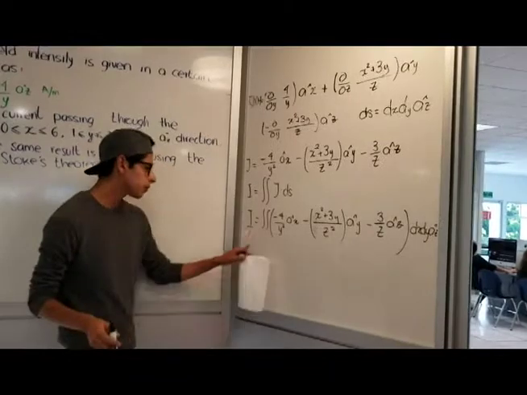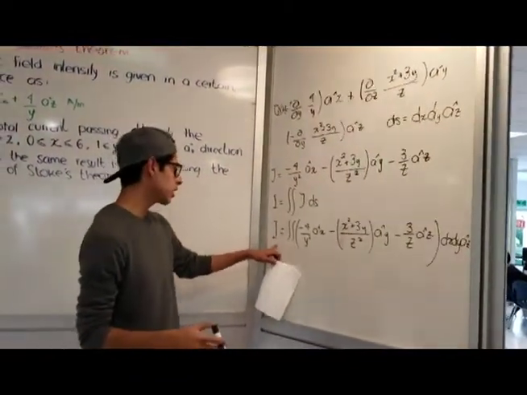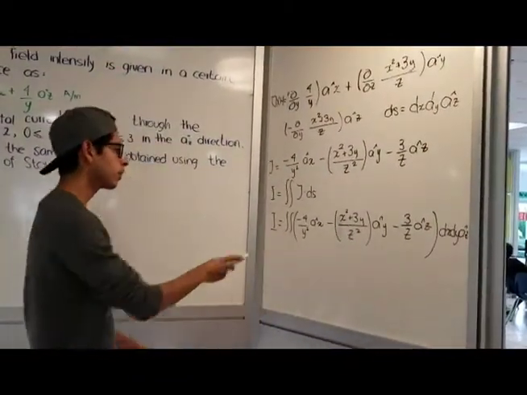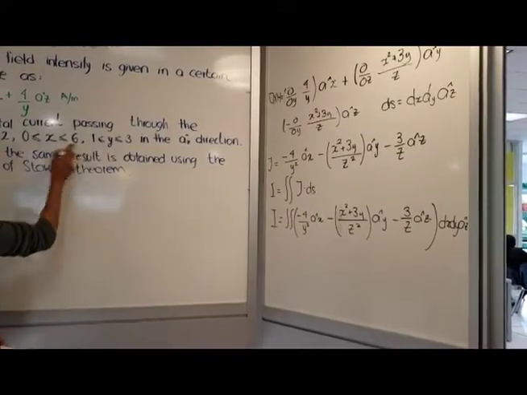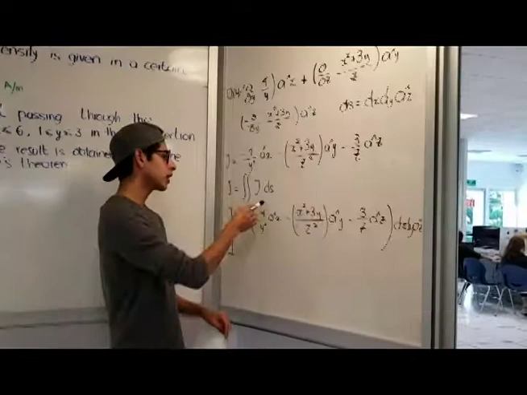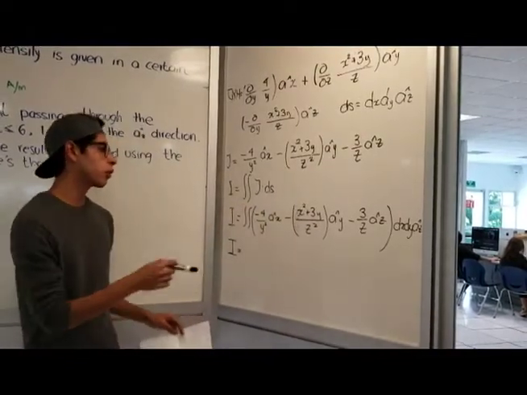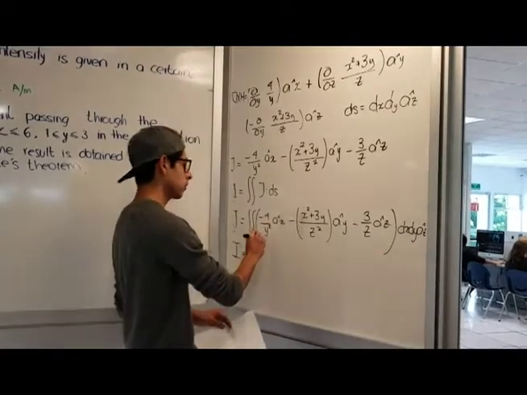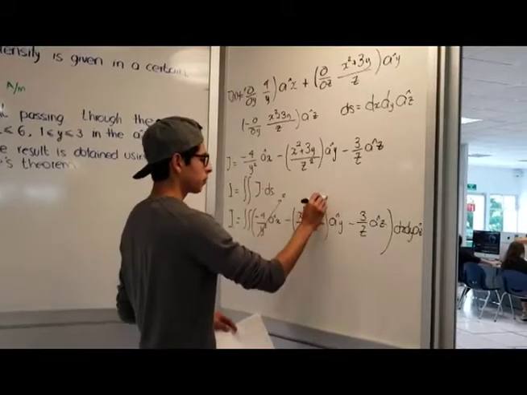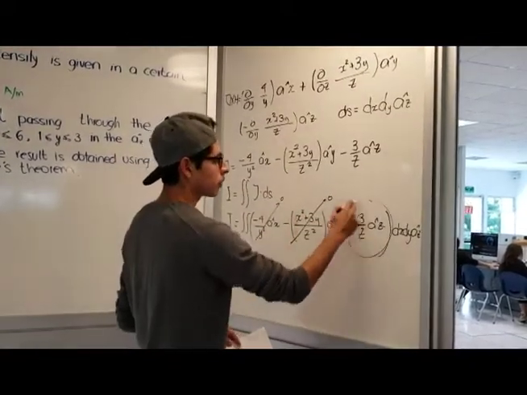This is our equation to find the intensity, and the limits that we're going to put on the integrals are going to be the limits that the problem is giving us here in x and y, because we need this z direction. Here the ds is going to be the dot product, but we don't have an ax or an ay direction, so these ones go to 0, and we only end up with this.